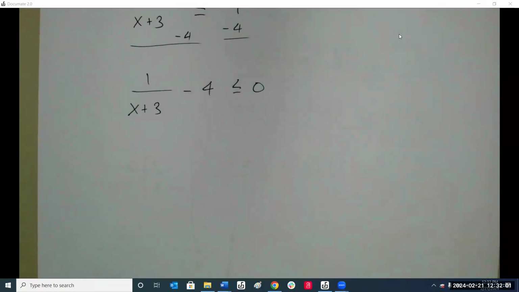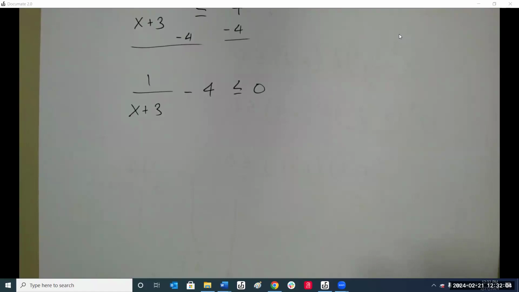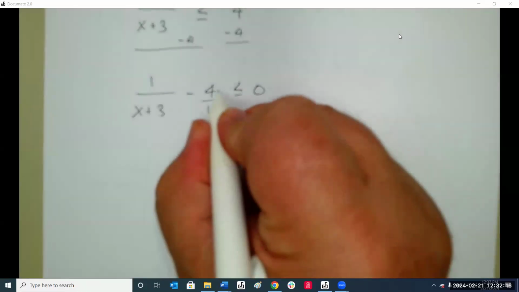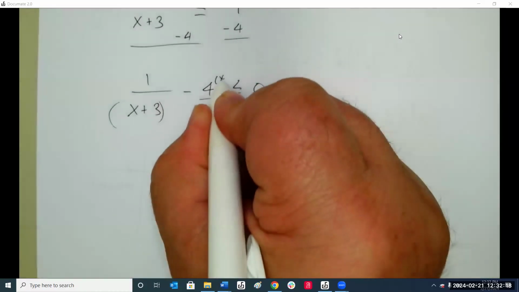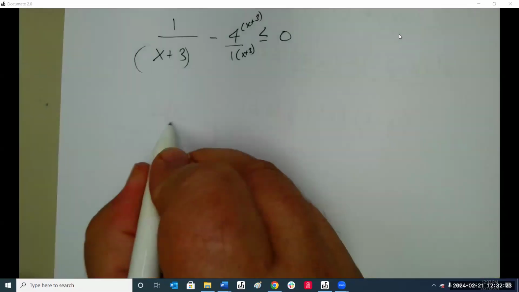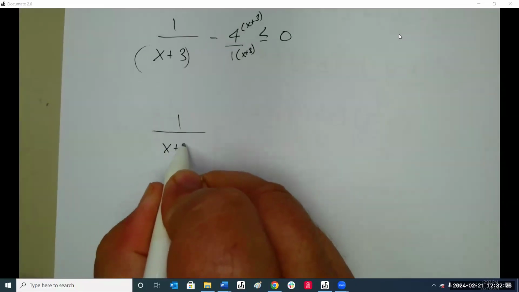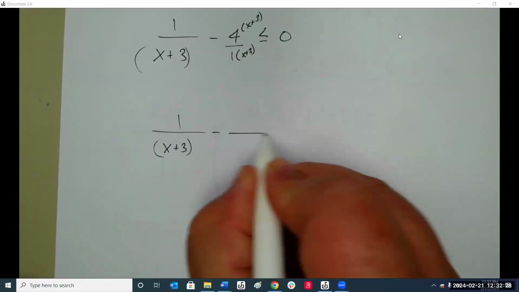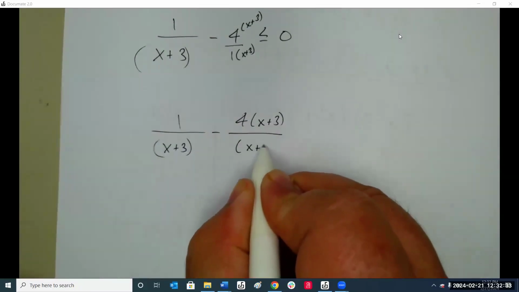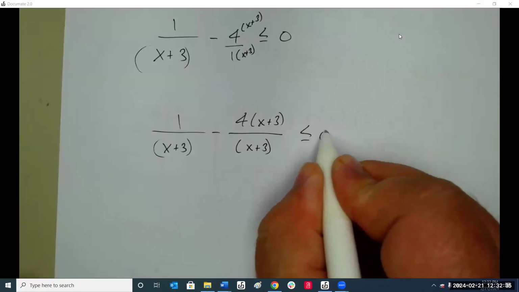Then what? You have to have a common denominator. You have to simplify the equation. So we need to have x plus 3 over x plus 3. So it's 1 over x plus 3 minus 4 times x plus 3 over x plus 3 less than or equal to 0.